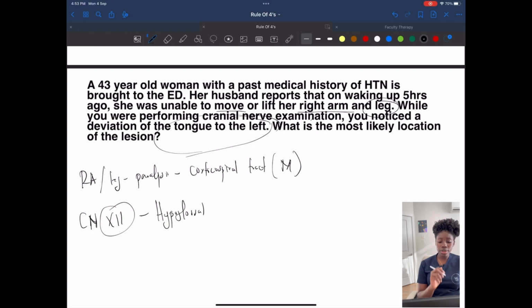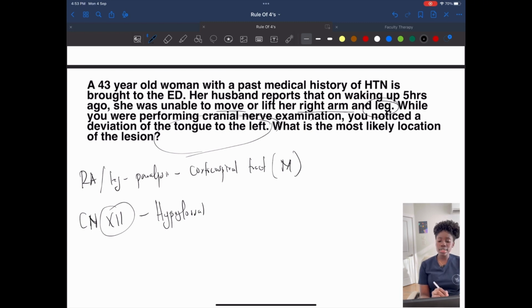But the thing here though is when you have a deficit of either hypoglossal nerves, you have the tongue deviating to the side of the lesion, not opposite the lesion, to the side of lesion. So if the tongue is deviating to the left, the lesion is on the left. If the tongue is deviating to the right, the lesion is on the right. So the tongue points to the lesion.